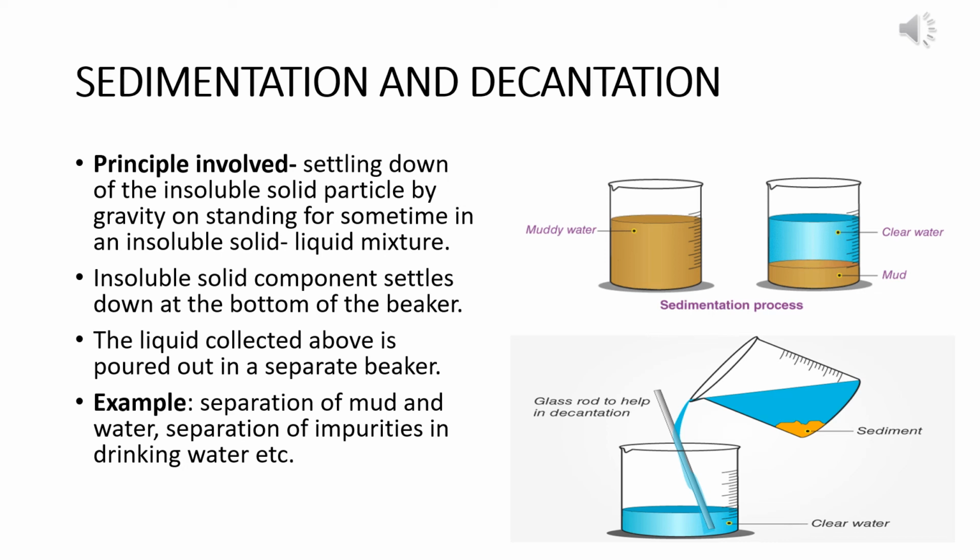Now without disturbing the settled mud, very carefully we will pour the clear water into another glass jar with the help of a glass rod by the process of decantation. The liquid collected, which is the water, is poured out into a separate beaker.